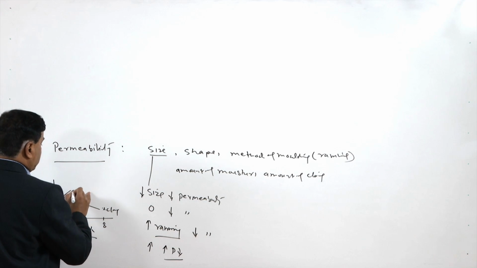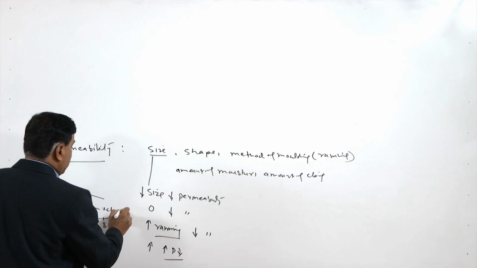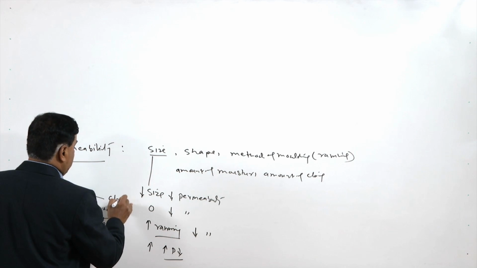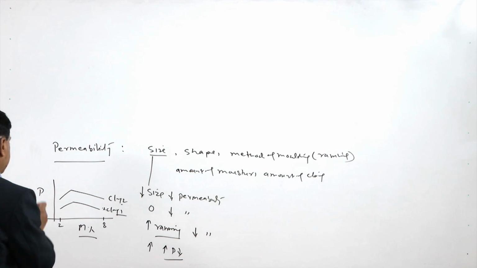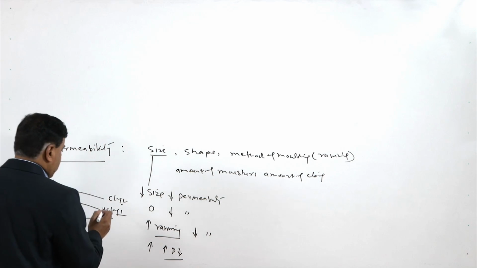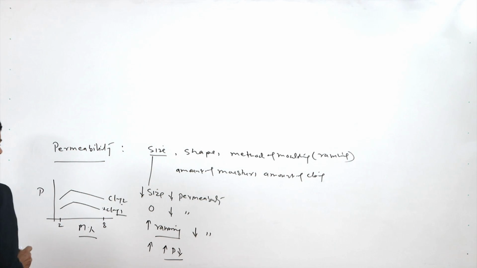Higher the amount of the clay, so it gives, the clay percentage 1 and the clay percentage 2. So, the clay amount also affects the permeability. Increased amount of the clay will be leading to the reduced permeability.